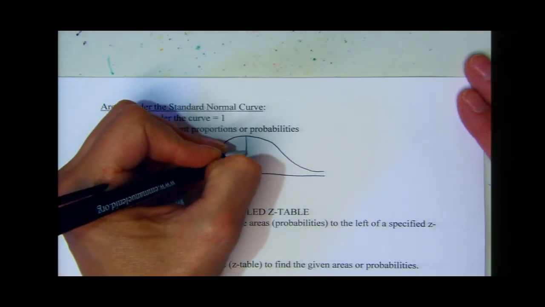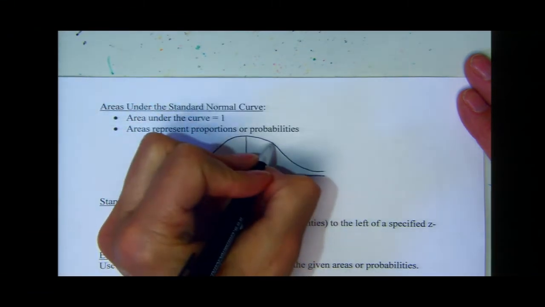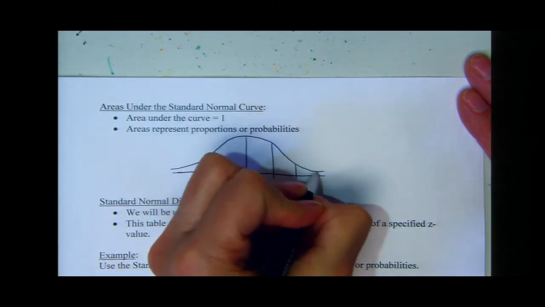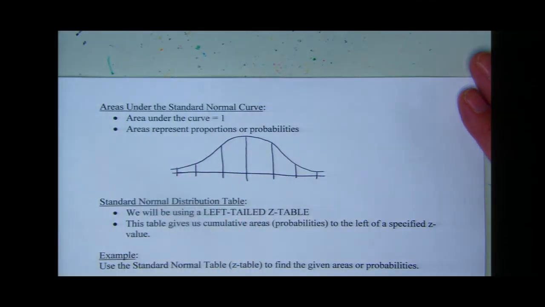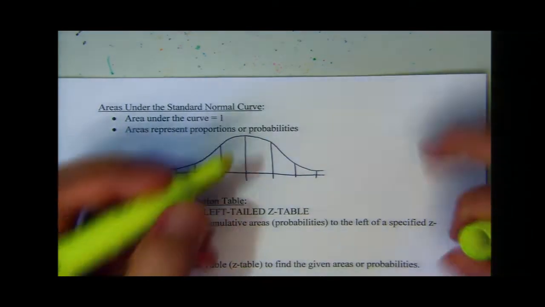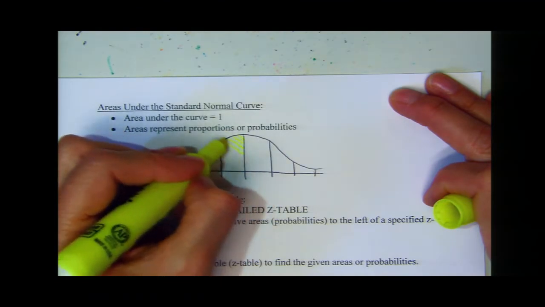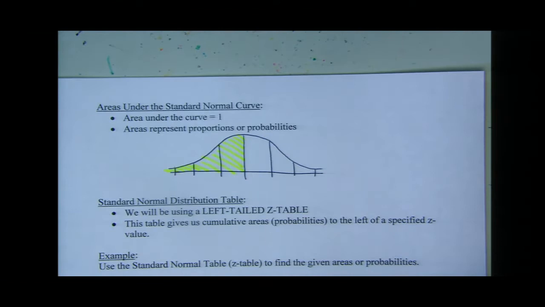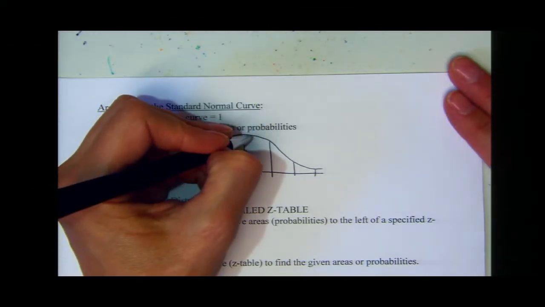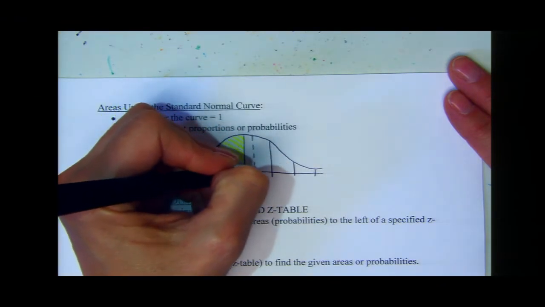Now, what we have done so far and what we have learned is, if I shaded all of this, you would tell me that I have 50% of the area shaded, or the probability is 0.5.